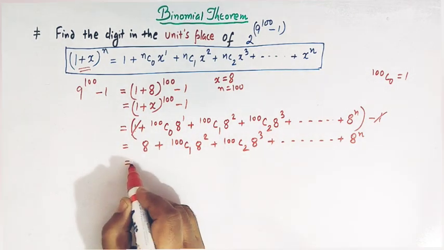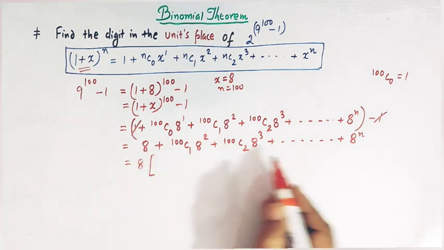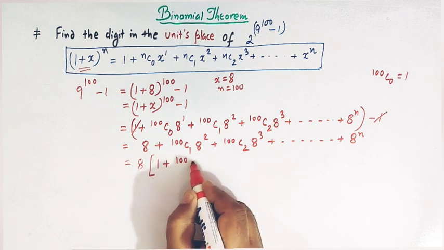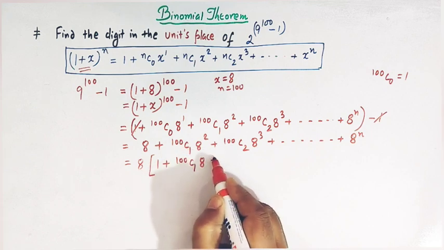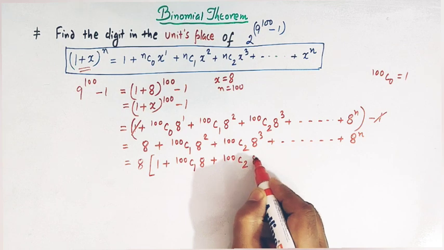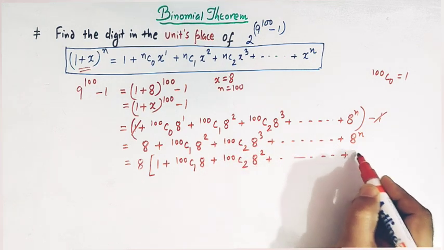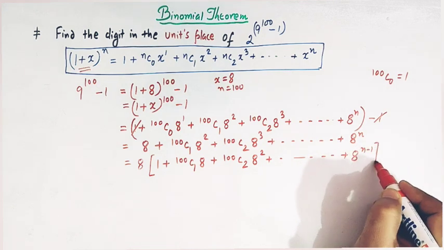So inside the bracket we'll have 1, then 100C1, and here we have only one 8, then 100C2 with 8^2, and so on, up to 8^(n-1).